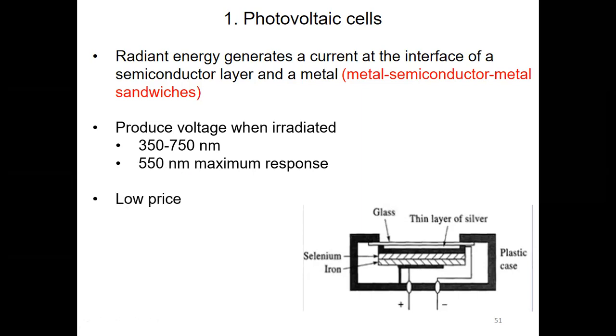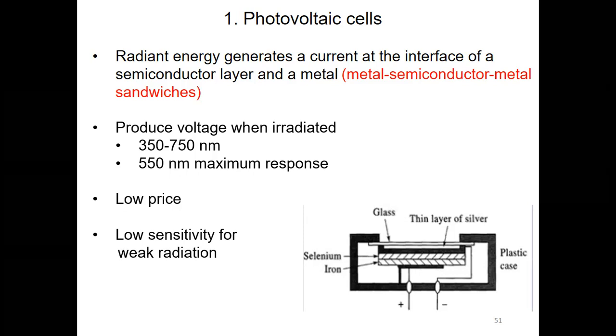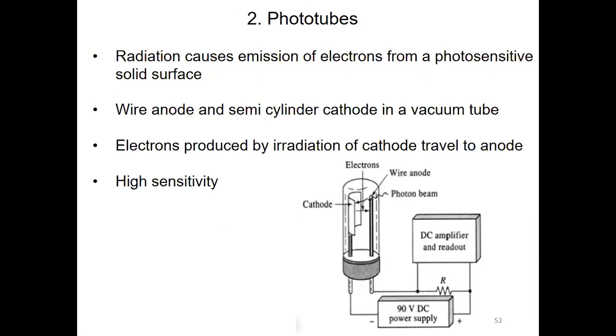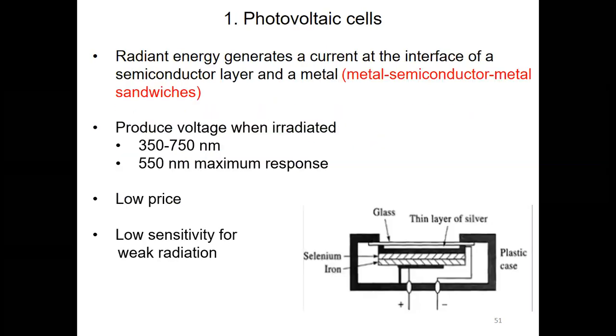And compared to other photon transducers, these photovoltaic cells are less in price. So that is one advantage. And it has low sensitivity for weak radiation. If the radiation power is weak, the sensitivity is lower. It's a disadvantage. Right? So that is the photovoltaic cell.